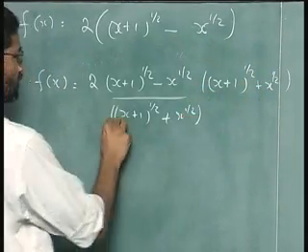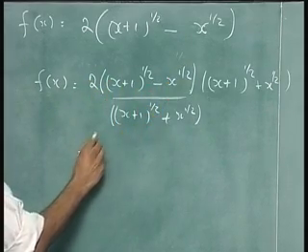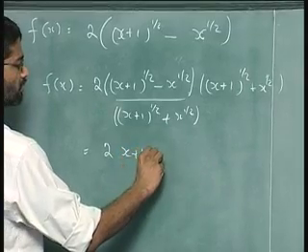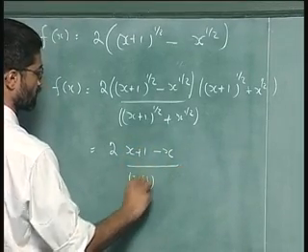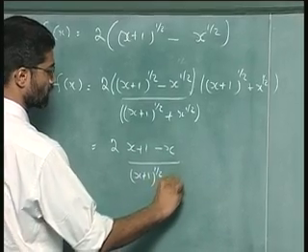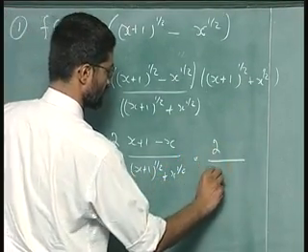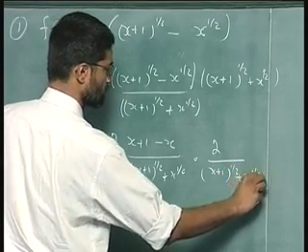So I could do it this way. Then I have 2 times x plus 1 minus x, divided by x plus 1 to the power half plus x to the power half, so that I have it as 2 divided by x plus 1 to the power half plus x to the power half.